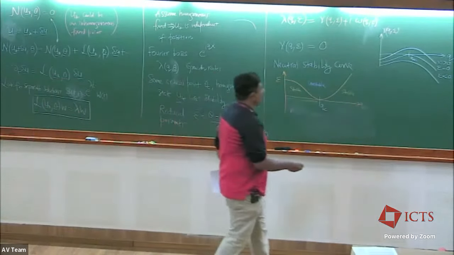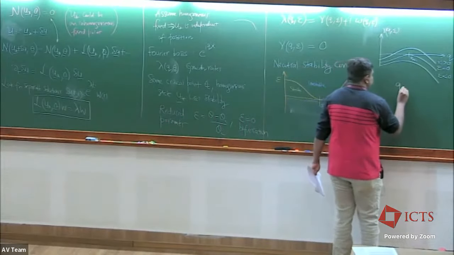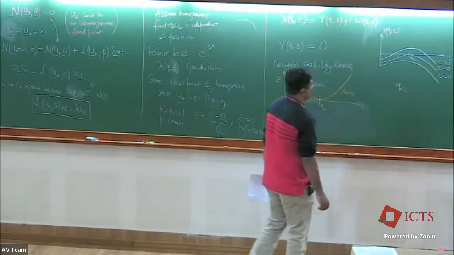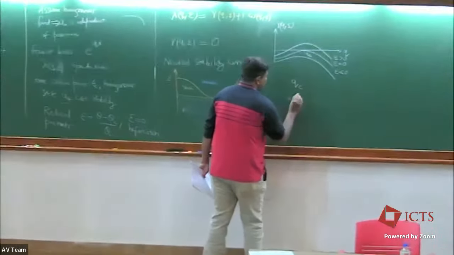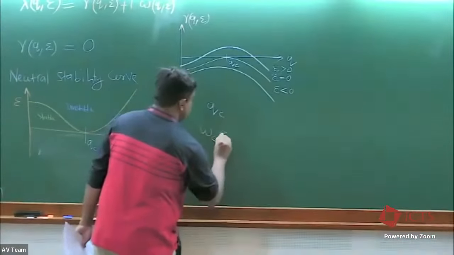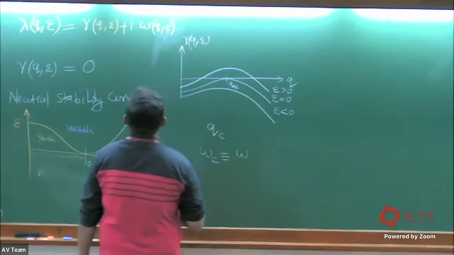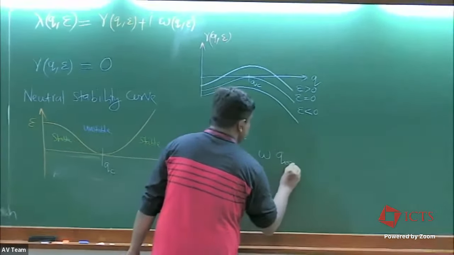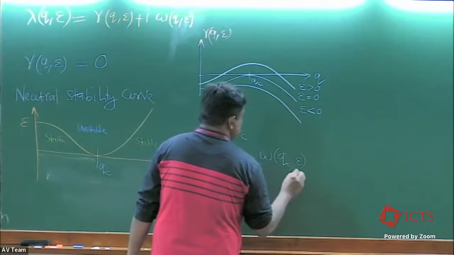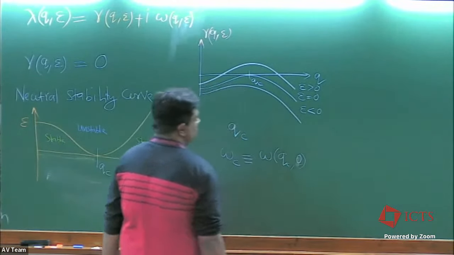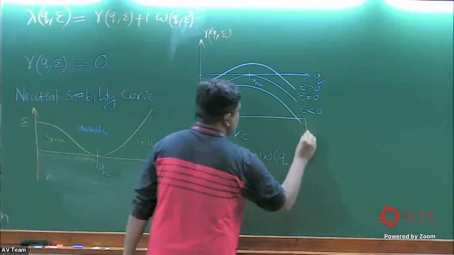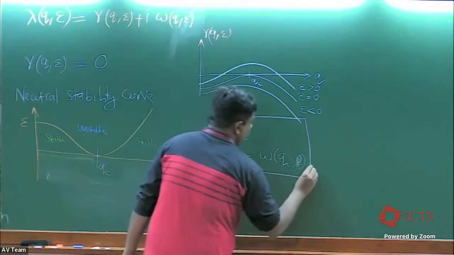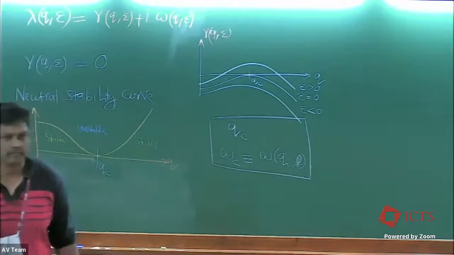So you define QC, which is of course a function of the parameters. And you look at omega C, defined to be the function omega at QC, and of course the parameter values epsilon equal to 0. So depending on these two quantities, we will classify the different pattern forming instabilities.